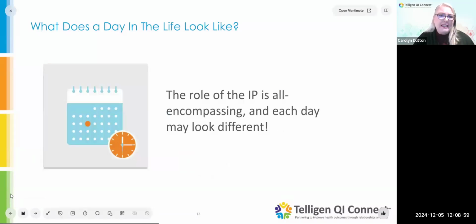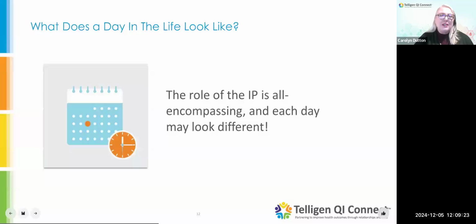So, what does a day in the life of an IP look like? Well, the role of an IP is all encompassing. Pathogens lurk in every nook and cranny in your facility. As a versatile IP, you are engaged with all the departments of your facility to prevent transmission.